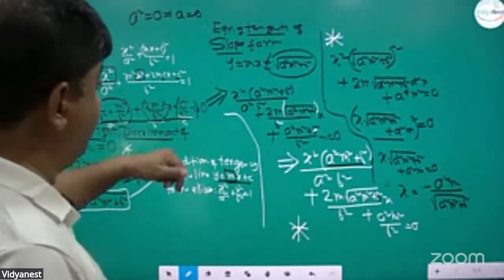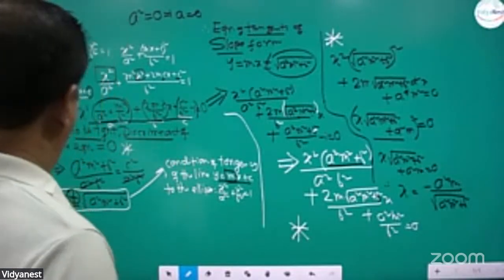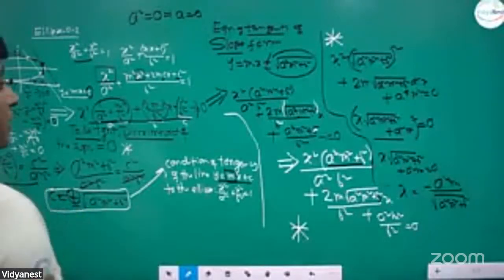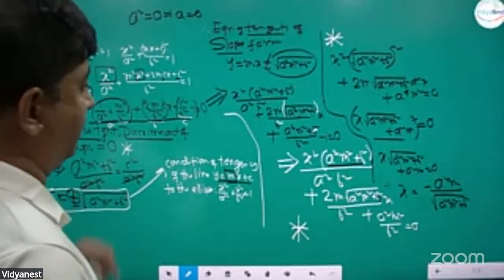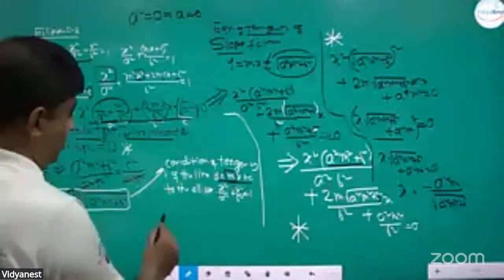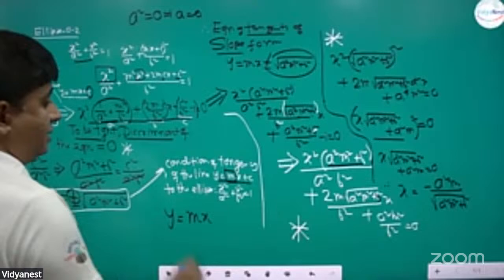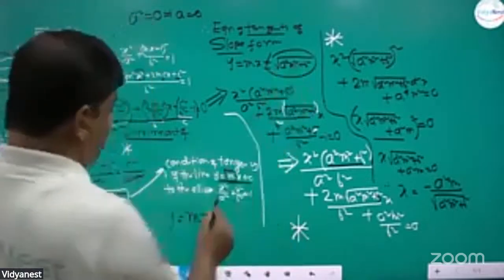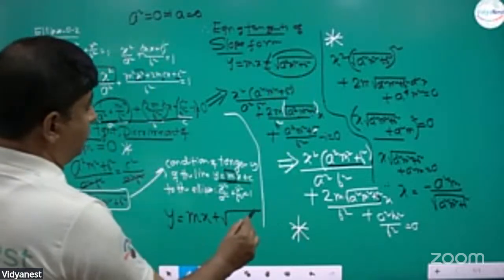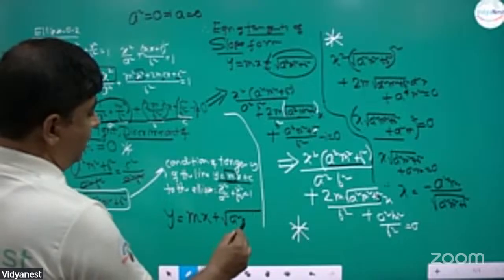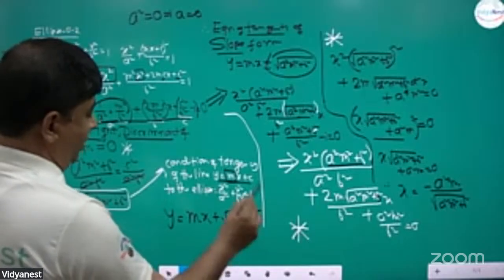Now how to find the y component? Here I took the plus value of c. Now y is equal to mx plus c. C means here root a square m square plus b square.